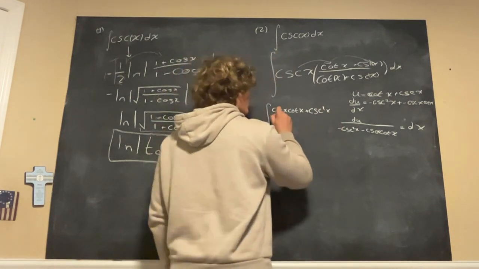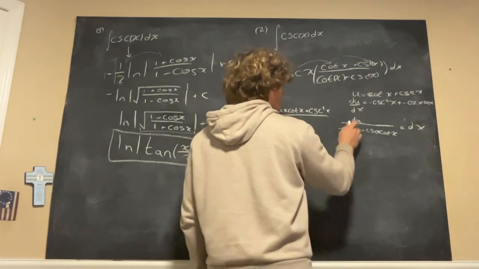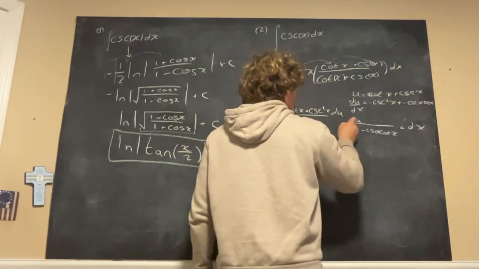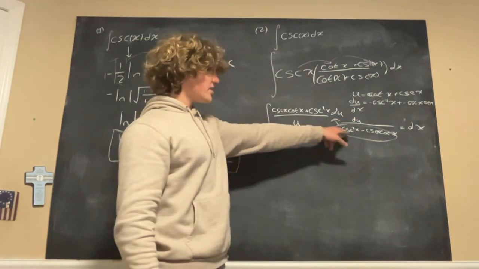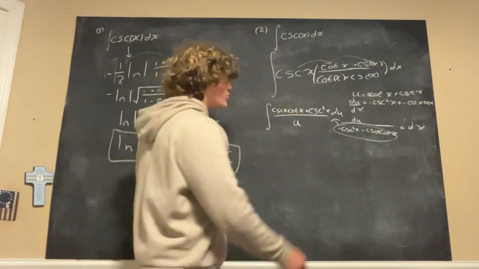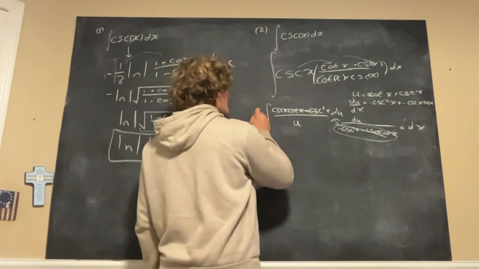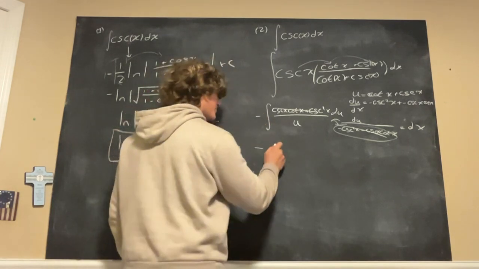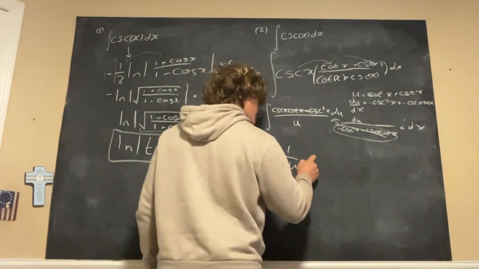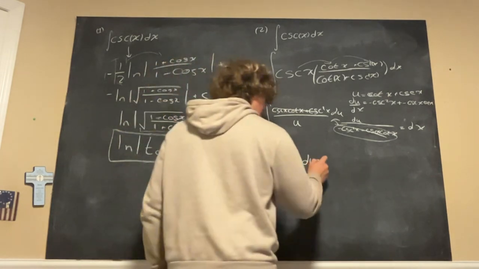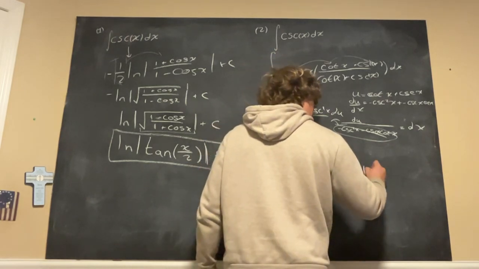Then this is all going to be divided by our u, and then our du divided by this right here is going to be that. But if you look, this is just negative this. So this and this will cancel out, and a negative will be put on the outside. So this becomes negative times the integral of 1 over u du, which is just negative ln absolute value of u, plus c.